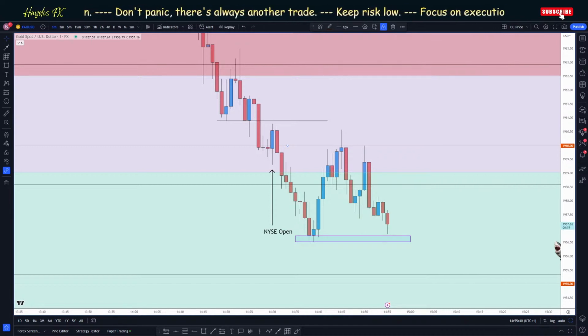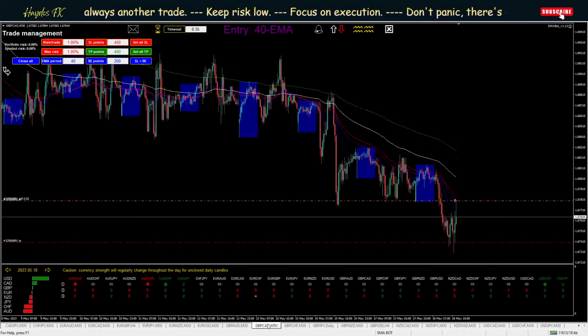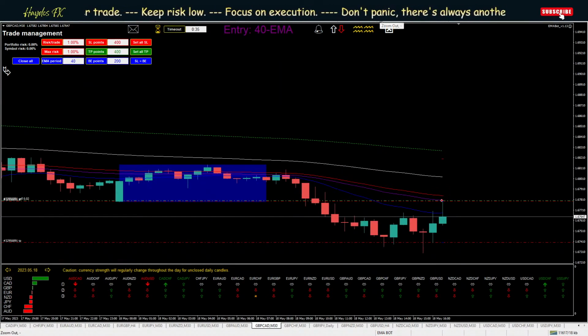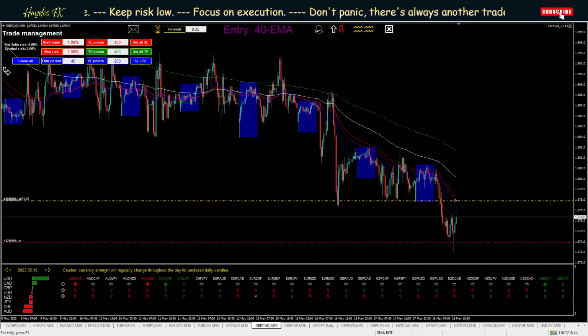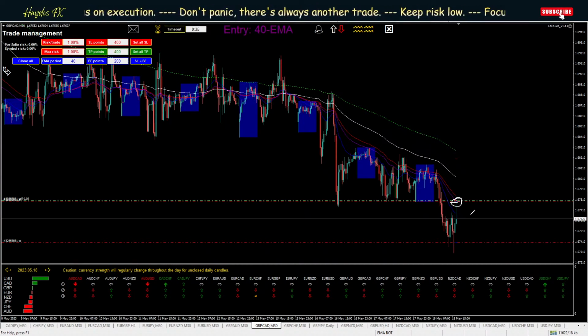That's why. Grabbed it on pound CAD. Move stops to break even. See if we can keep them pushing down.